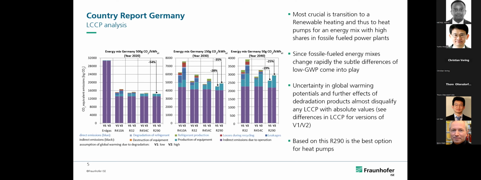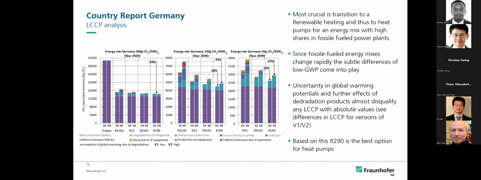But what we can see in the last 4 years, or in the last 10 years, I would say, is that the energy mix for renewable energy resources for the electrical energy grid has also shifted and transitioned fast in the direction of renewables. And when this comes into play, it is also interesting to see how the reduction or the potentials are distributed between deploying still R410A or R32 or R454C or R290.